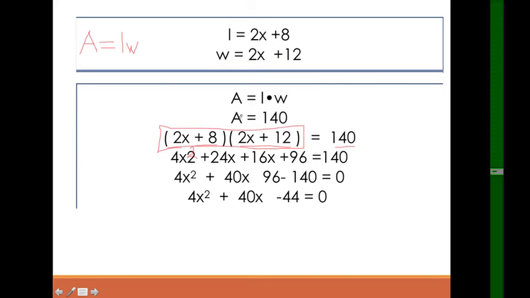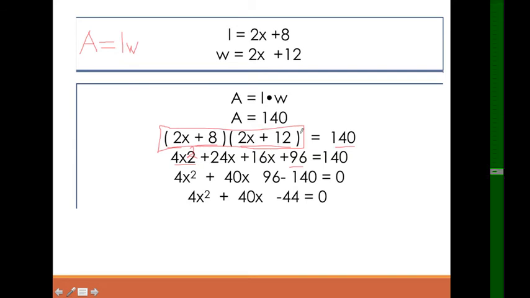So, 2 times 2 is 4. X times x is x squared. 8 times 12 is 96. So, ito muna ang dalawang inuna natin, yung parehong nasa unahan at parehong nasa second term. And then, 2 times 12 is 24 and then copy x. 8 times 2 is 16 and then copy x.